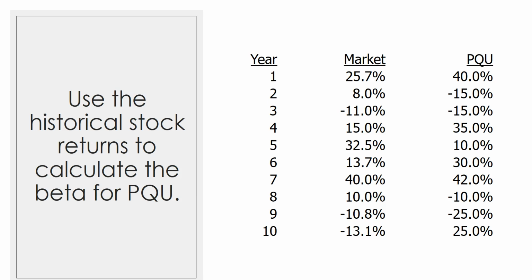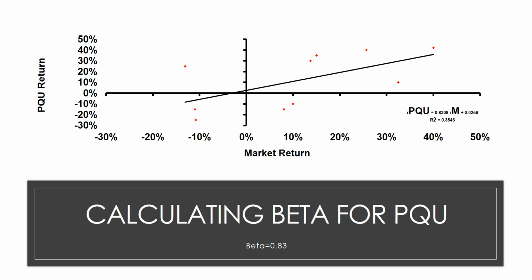It really just depends. So we're going to plot the PQU stock returns on the y-axis, and the market portfolio returns on the x-axis. And so here we see that we find the line of best fit, and the slope of the line of best fit, that 0.83, is the beta.